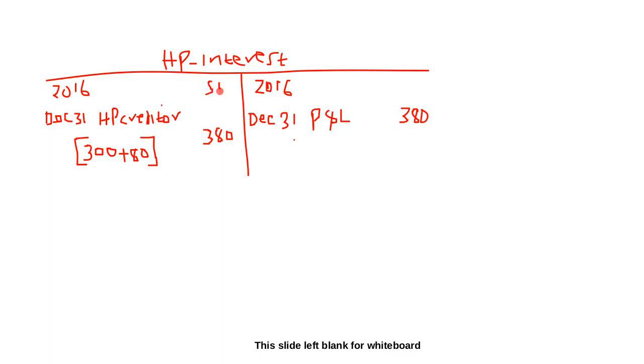Remember to include the amount here so that the account balances at 380 on both sides. Please, the total amount there should be on the same line. So that is the hire purchase interest account. Any question up to that point?